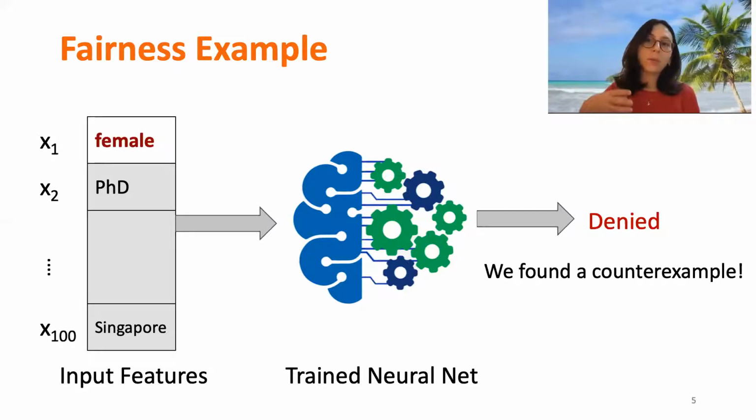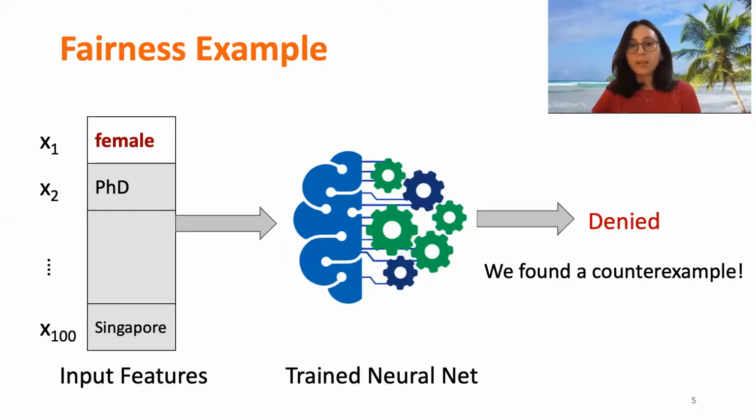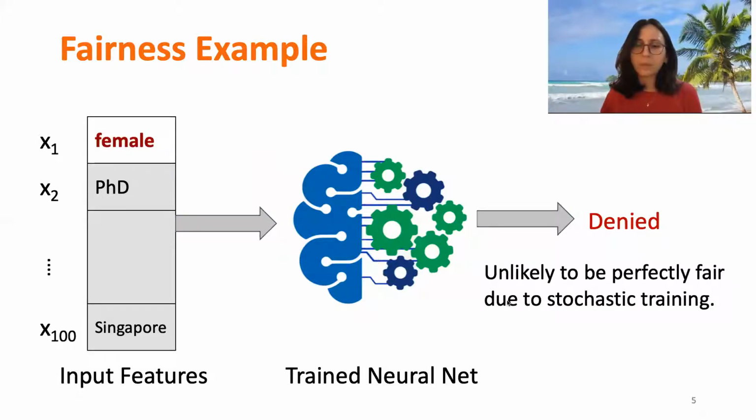So here we had a concrete example where changing the attribute from male to female leads to the bank loan being denied from approved. So it turns out that due to the stochasticity in the training, it is unlikely that we are in this ideal scenario where the neural network is perfectly fair.